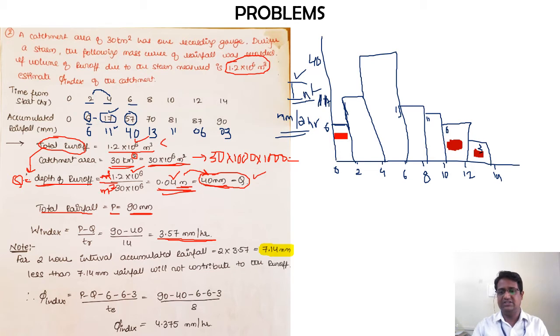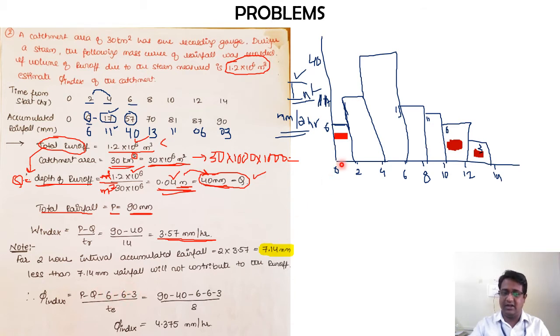That in turn indicates how much effective rainfall duration you have, because you need that effective duration for the calculation of the phi index. Okay, so now coming back to the formula, we have P minus Q, that is 90 minus 40, minus the rainfall where the excess runoff has not taken place.